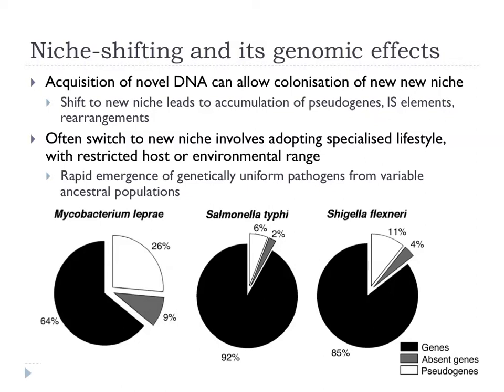Similarly, Salmonella typhi is another example of what we call a monomorphic pathogen, where the population structure is very constrained, there's a lack of diversity in that population, and that population is evolving to become very specialised in a particular niche. So Salmonella typhi, again, only infects humans.